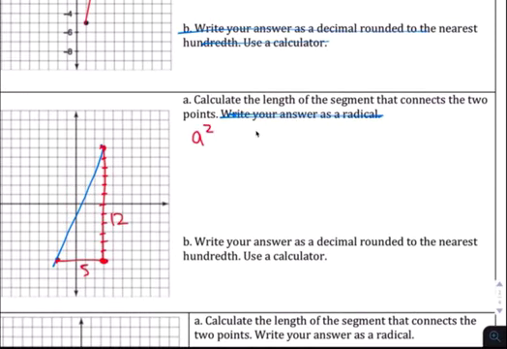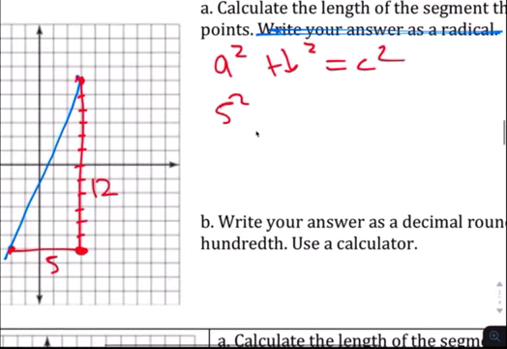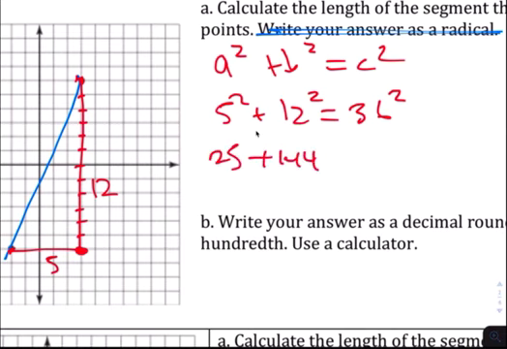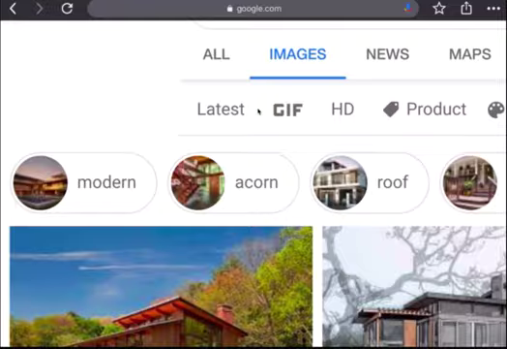So you do a squared plus b squared equals c squared. A is 5 squared plus 12 squared equals c squared. Take the square root. 12 point something. Take the square root of that. So, calculator.